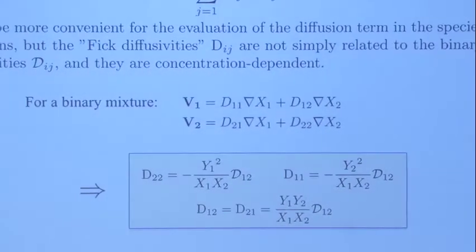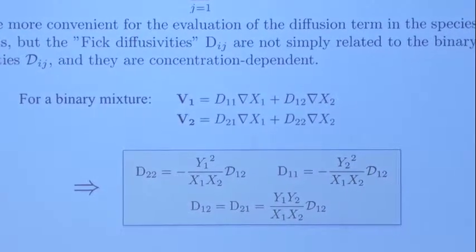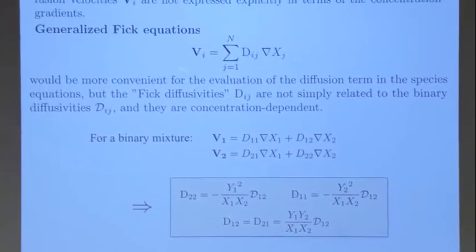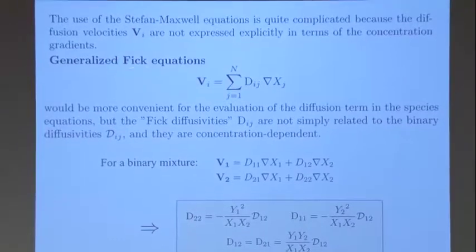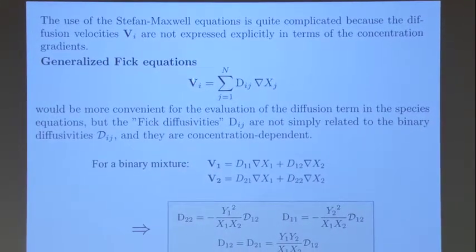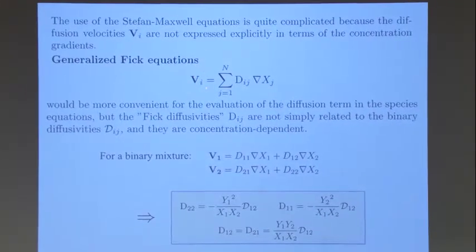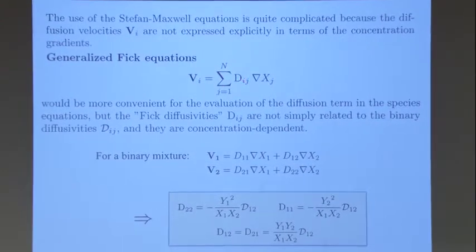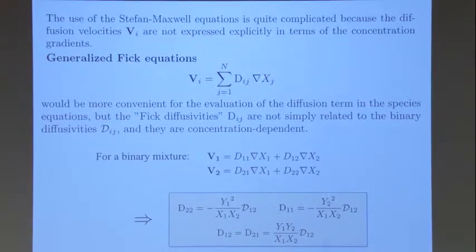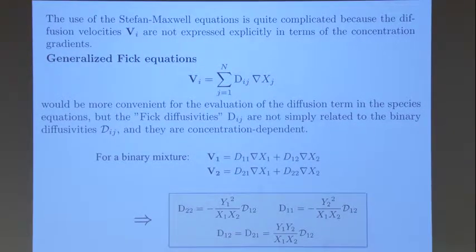Well, what if you have many more species? Well, it's too complicated. So some people have chosen to use something called the generalized Fick equation. In other words, what you write is that the diffusion velocity Vi is a sum of Dij gradient of xj. I used a different D here on purpose because these are not the diffusivities which you measure, as I said earlier, which are more fundamental.